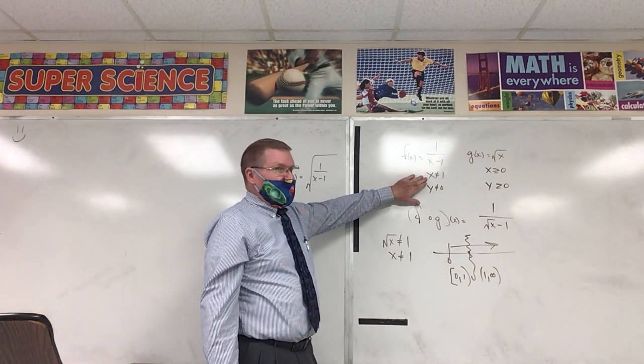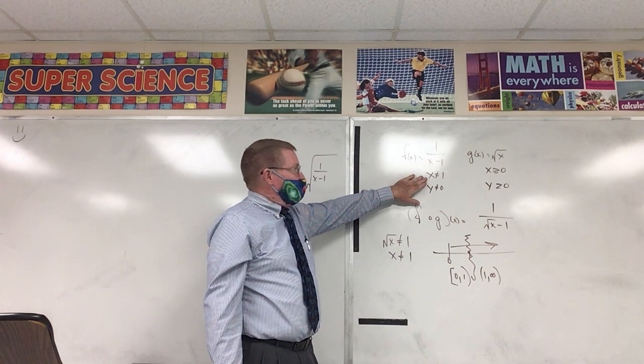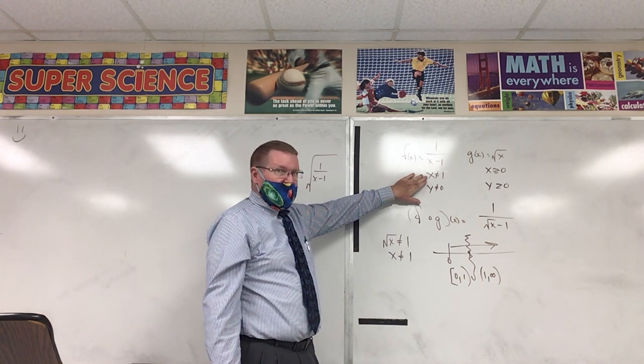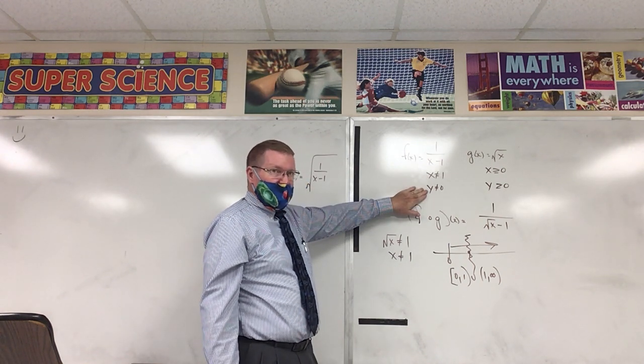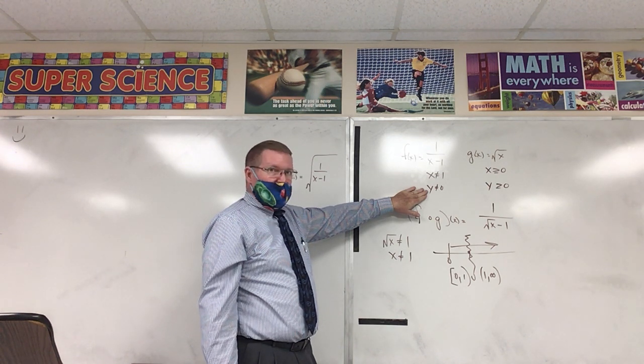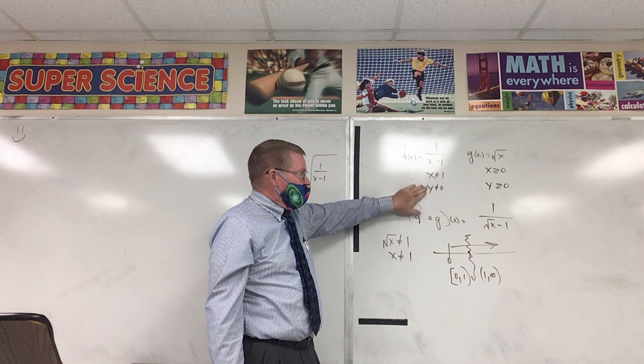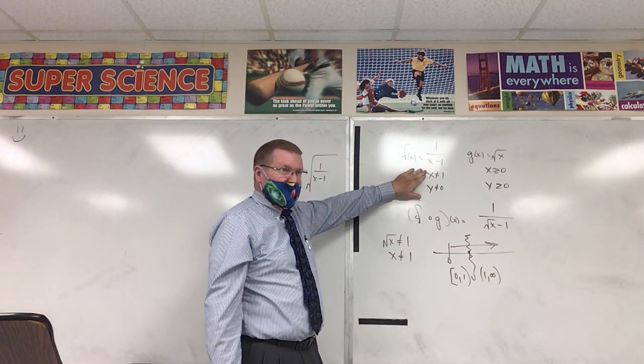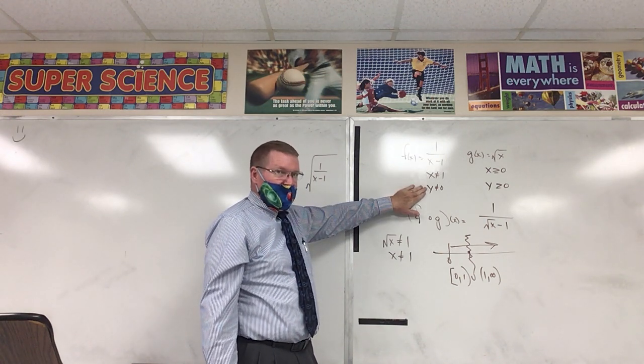What was my domain here? x minus 1, anything but 1. I get what? What do I get? What's my result? If I put anything but 1 in here, what's my result?